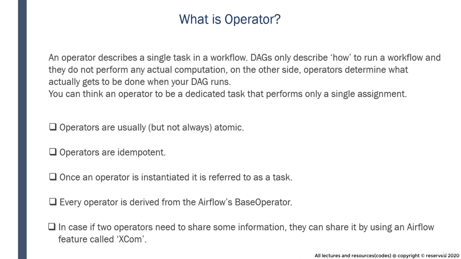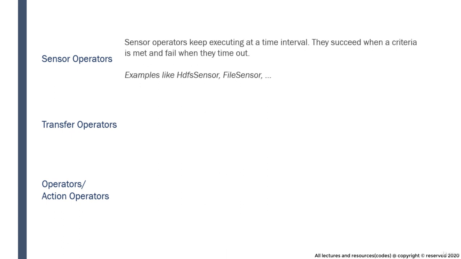Now talking about its categories. Operators in general are classified into 3 main categories: sensor operators, transfer operators, and action operators, or you can say simply operators. Starting with sensor operators. Sensors are a certain type of operators that will keep running until a certain criteria is met. Like in your DAG, you may have a task which needs to wait for an input file to come at a certain location.